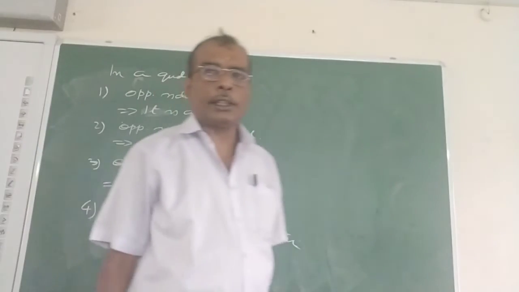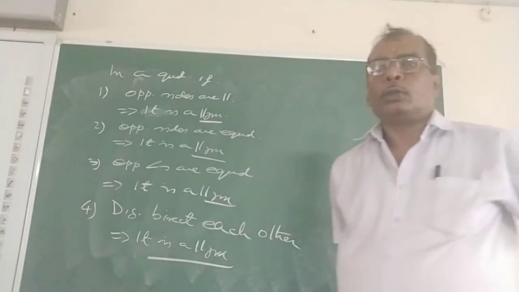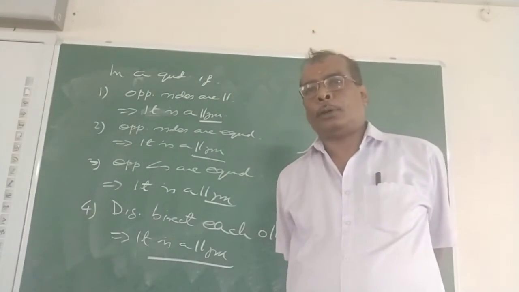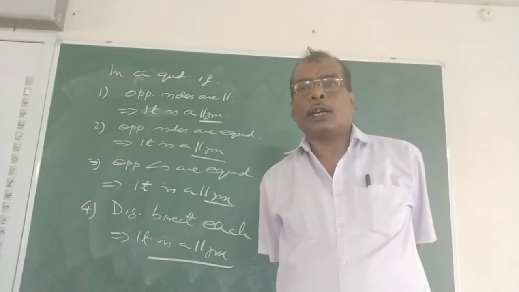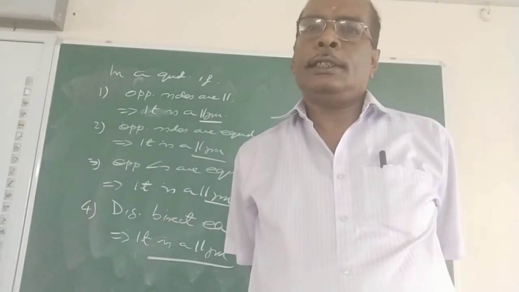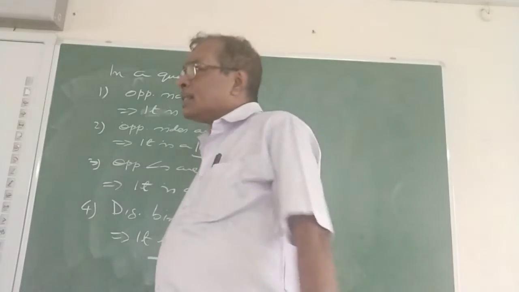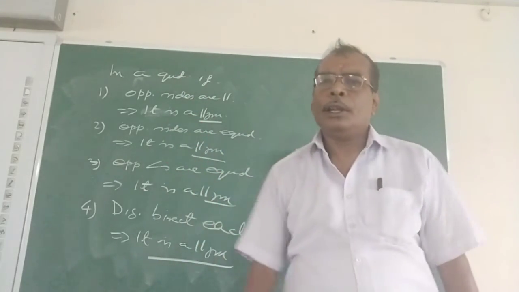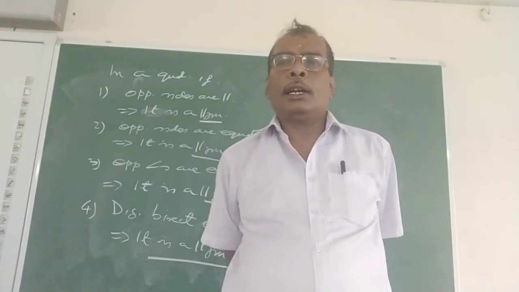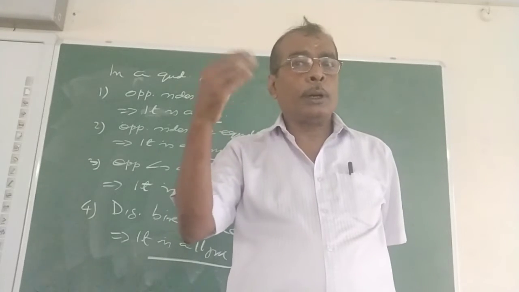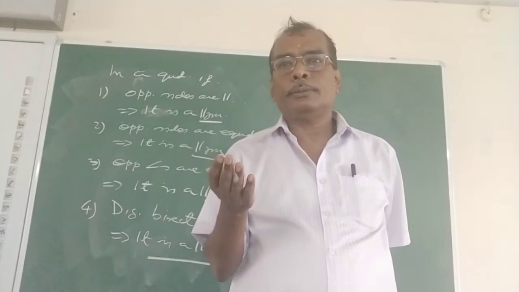If the diagonals bisect each other, then also you can say it is a parallelogram. So you can say that these are the properties, and whatever the things I have written are nothing but the converse of the properties of the parallelogram.